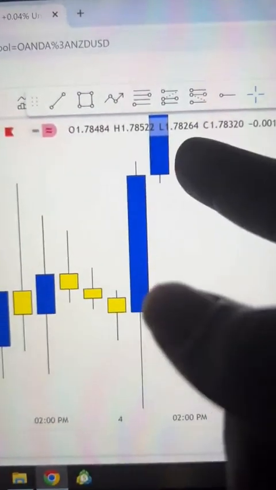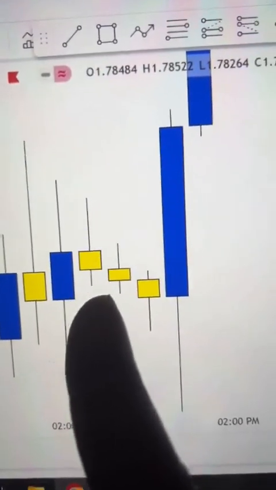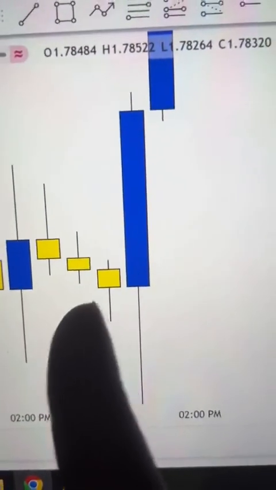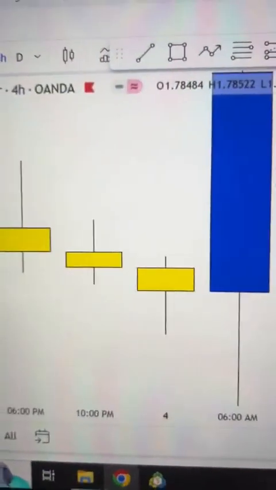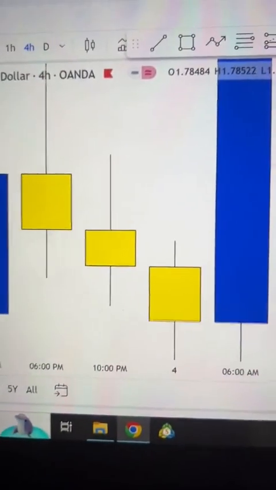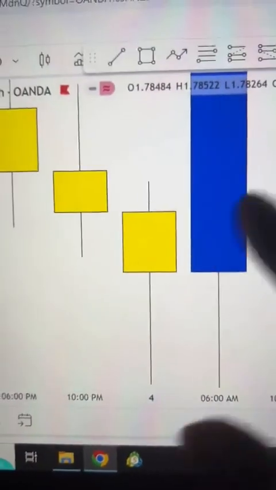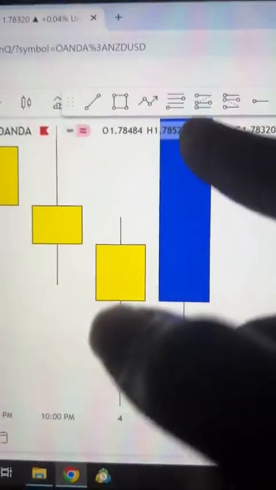So where is your order block? This is an uptrend. Order block is the last sell candle before that buy move. Now, where is your last sell candle? Let me enlarge this. So this is it. Your last sell candle is this candle that printed before this sharp move.